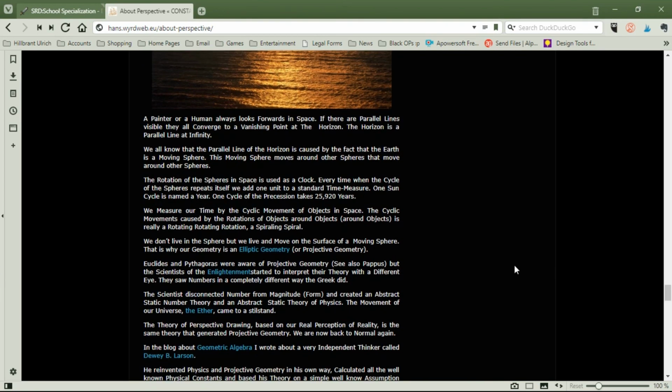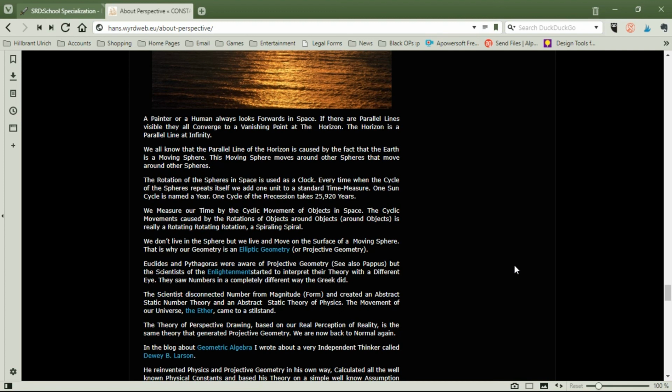A painter or a human always looks forward in space. If there are parallel lines visible, they all converge to a vanishing point at the horizon. The horizon is a parallel line at infinity. We all know that the parallel line of the horizon is caused by the fact that the Earth is a moving sphere. This moving sphere moves around other spheres that move around other spheres.